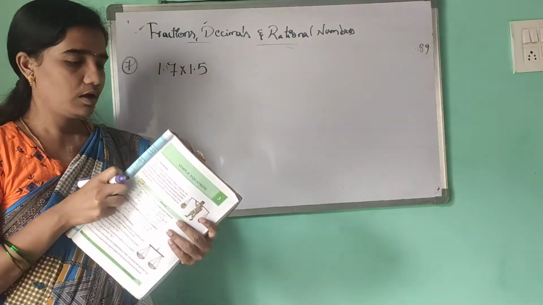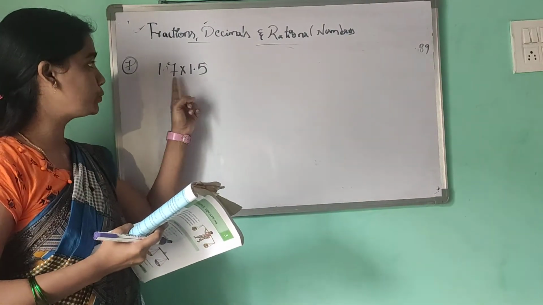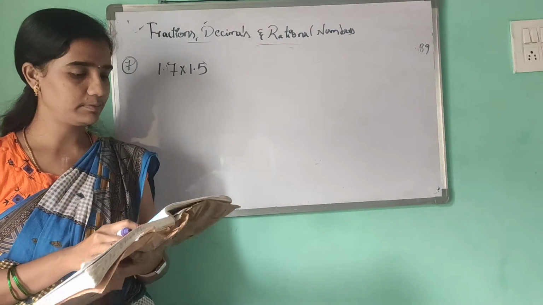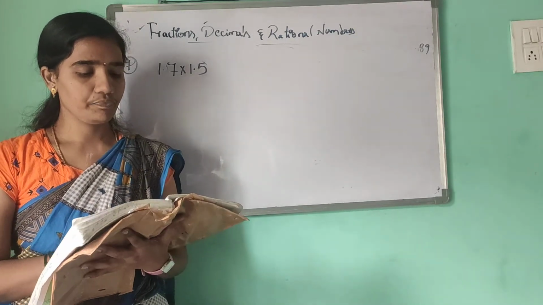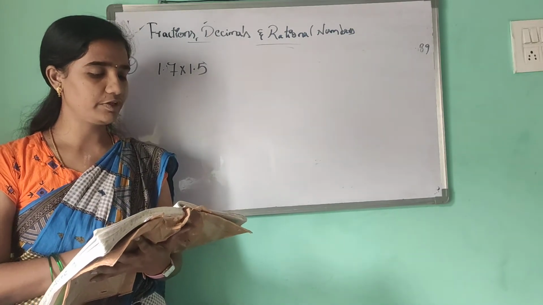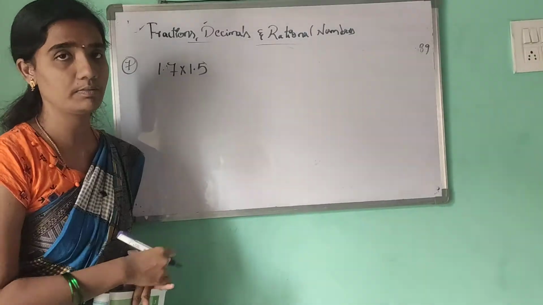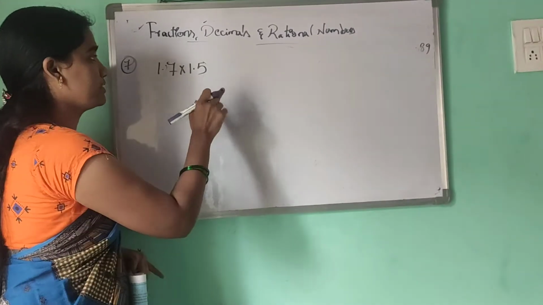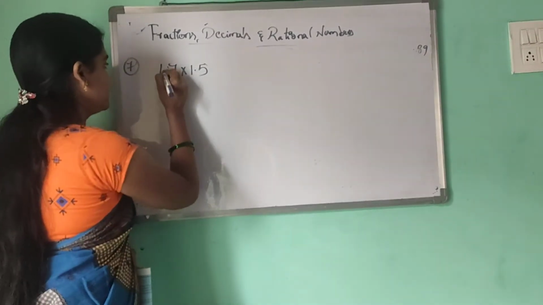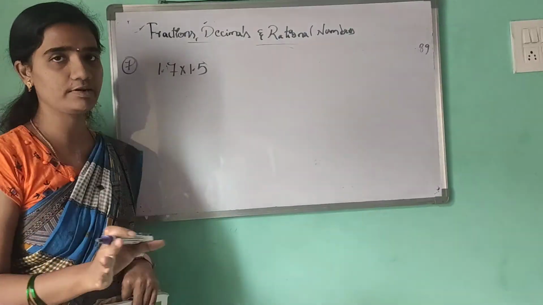While multiplying two decimal numbers, we first multiply them as whole numbers. First we multiply these numbers, forgetting that the decimal point is there. Leave the point aside at first.